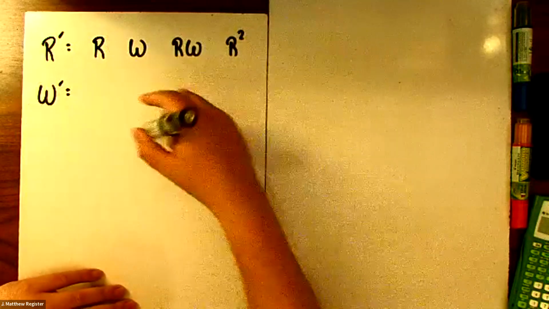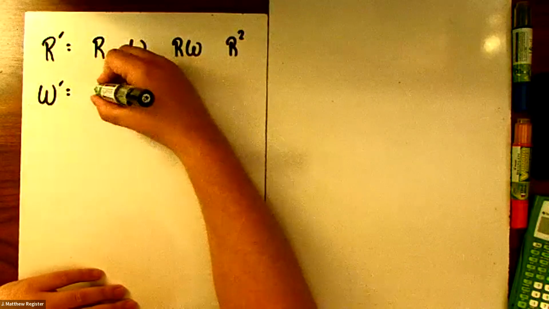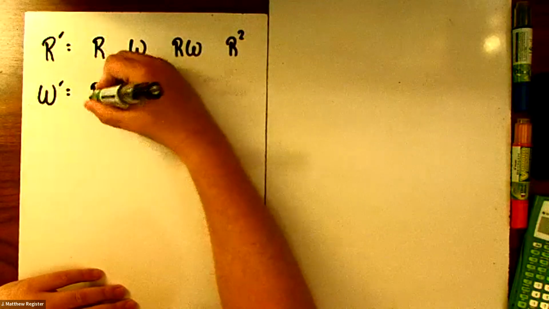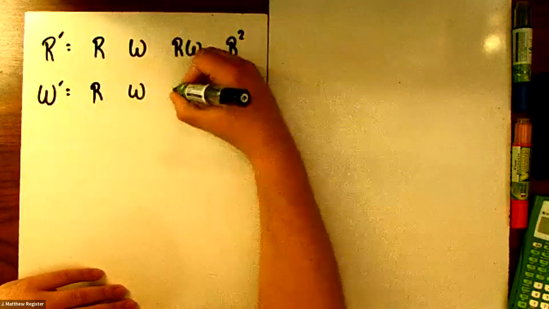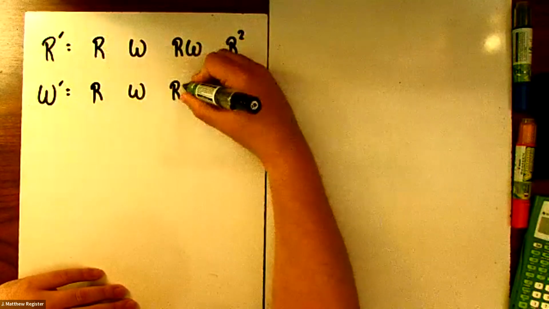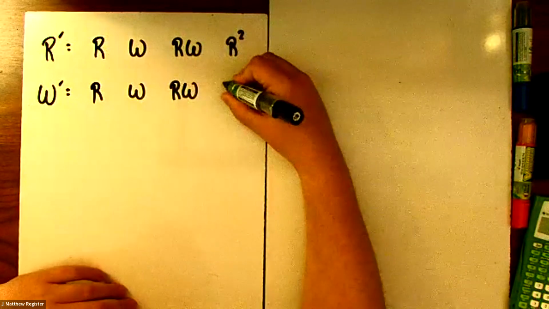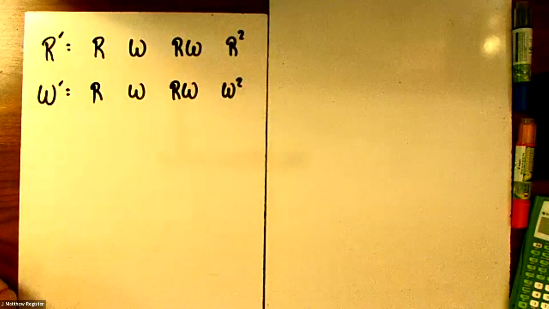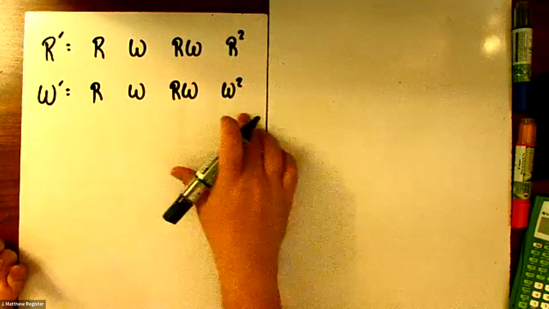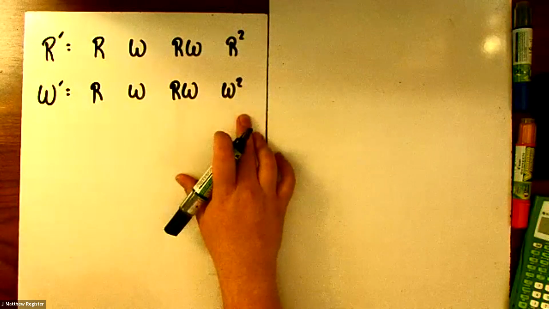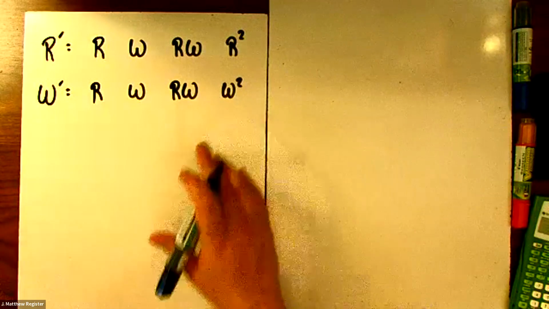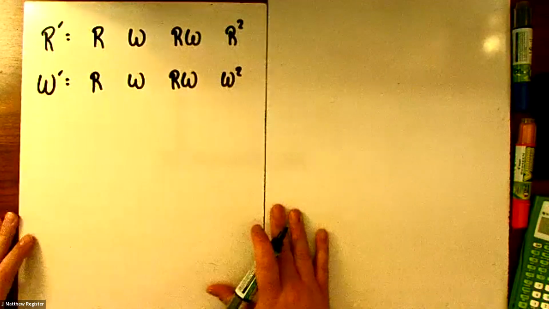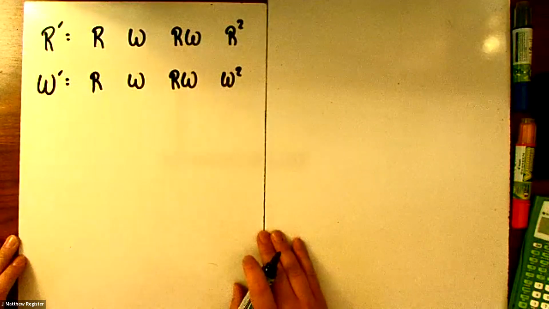And same for the W term. We would expect to see terms of the form R, of the form W, of the form RW, and of the form W squared. Each one of these terms has a different meaning and a different representation. And we can go through and show exactly what they correspond to.